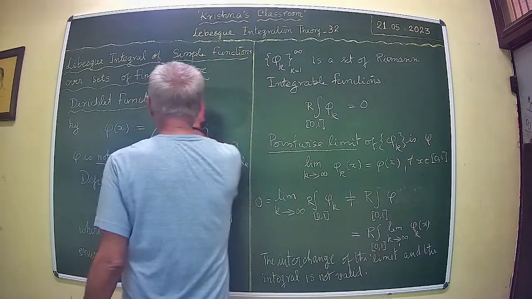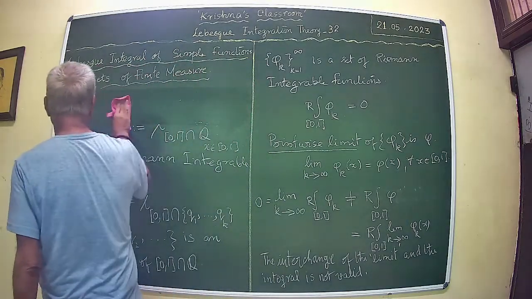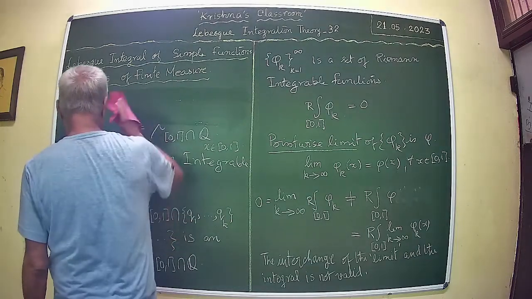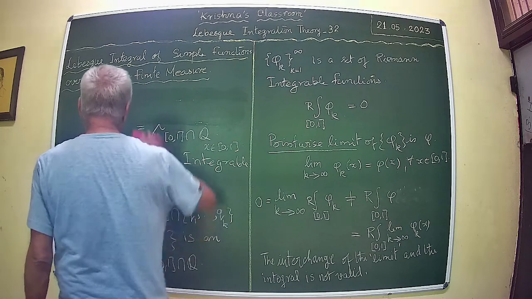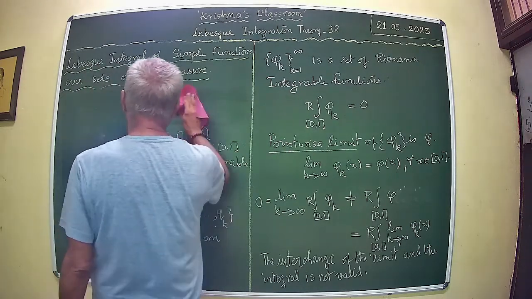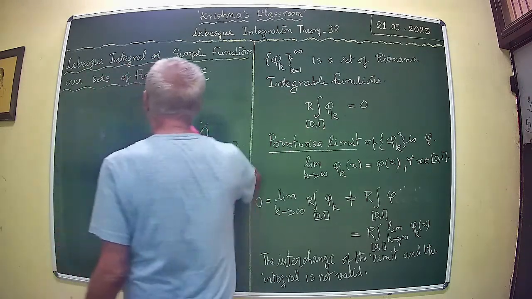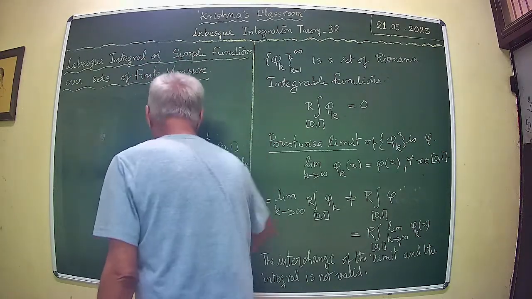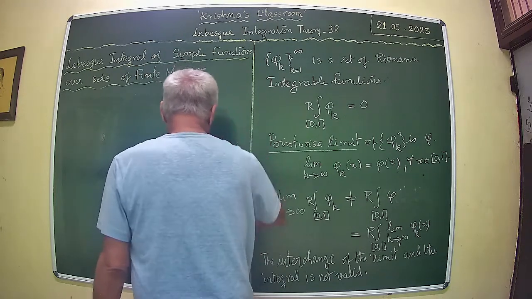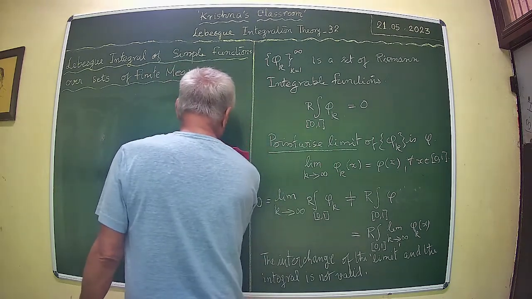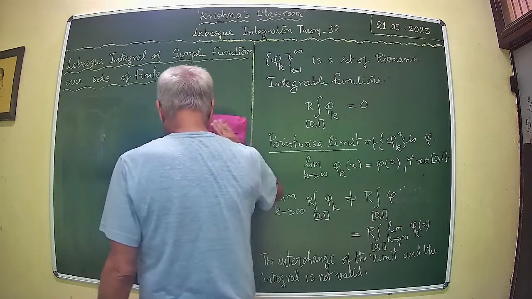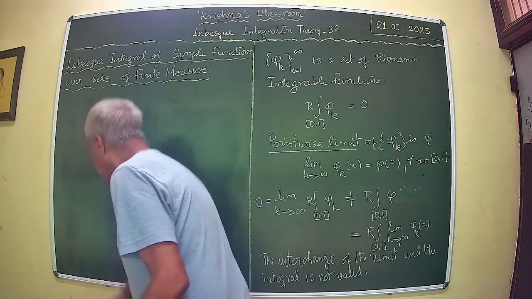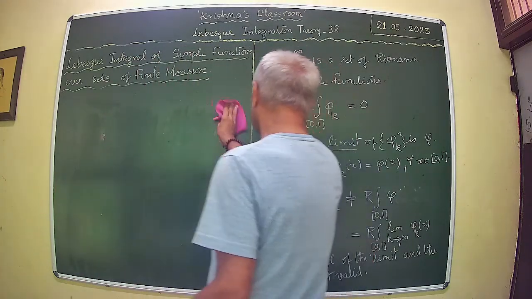So, as I said in the last lecture, we have charted out our path. That was beginning with defining the Lebesgue integral for simple functions, and then going over, in stages, to defining the Lebesgue integral of measurable functions.